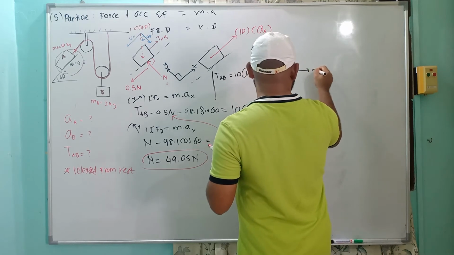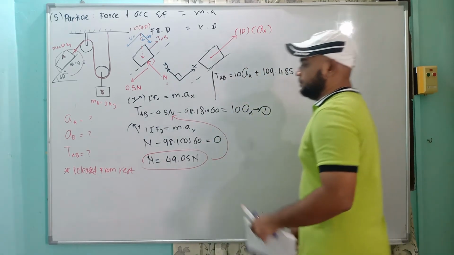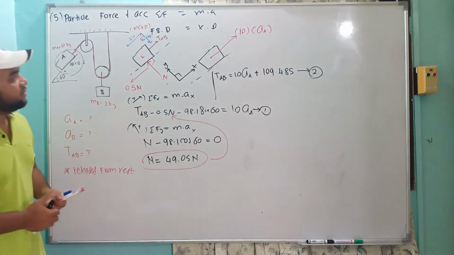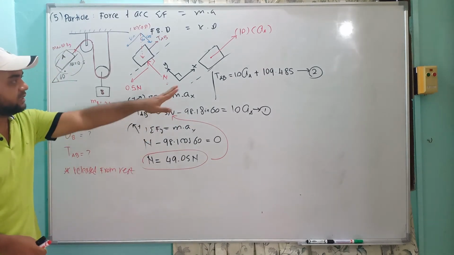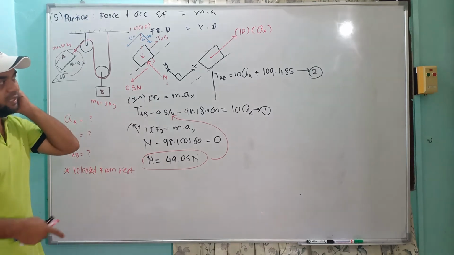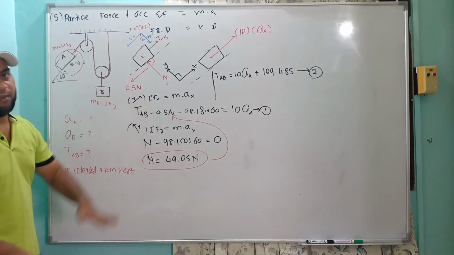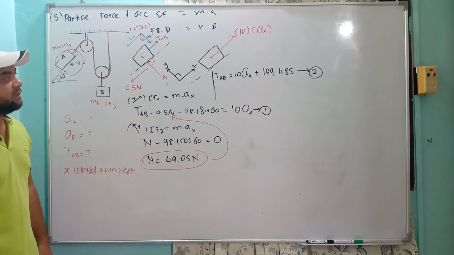This is our second equation. From the first figure, we have come up with TAB equals 10AA plus 109.485.